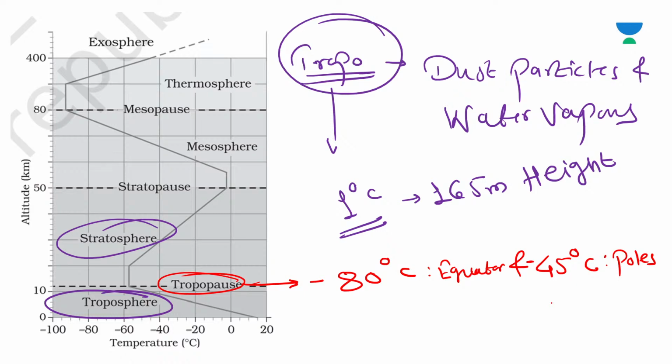So the temperature here is nearly constant, and hence it is called the tropopause.